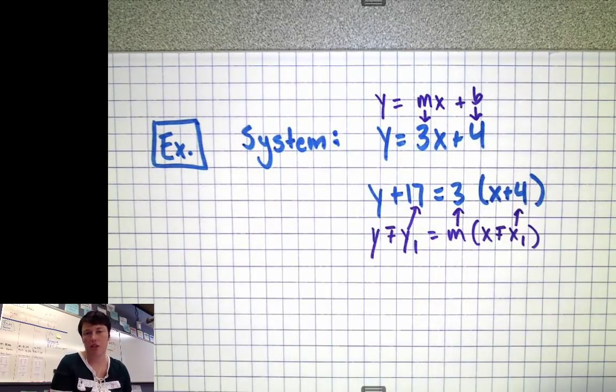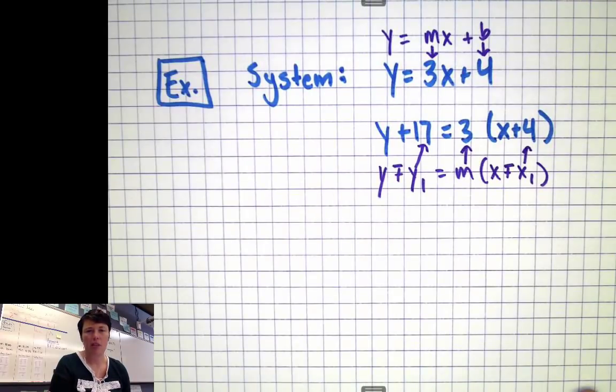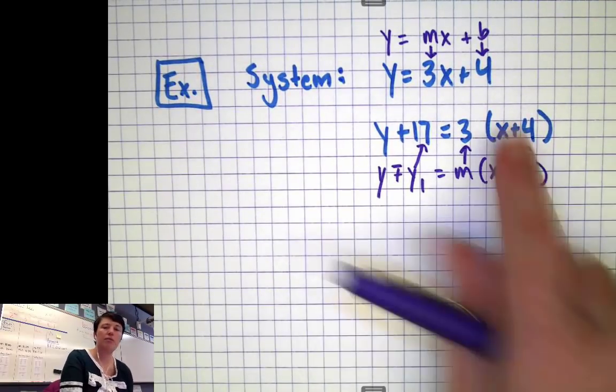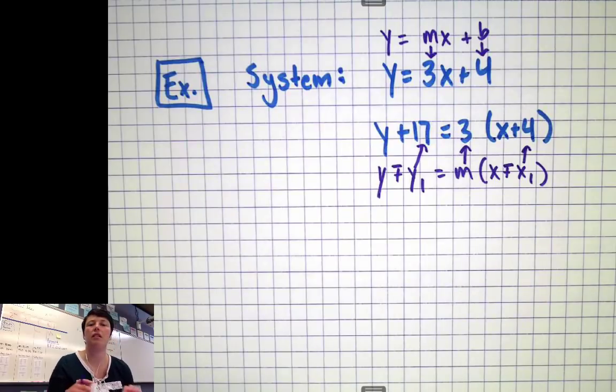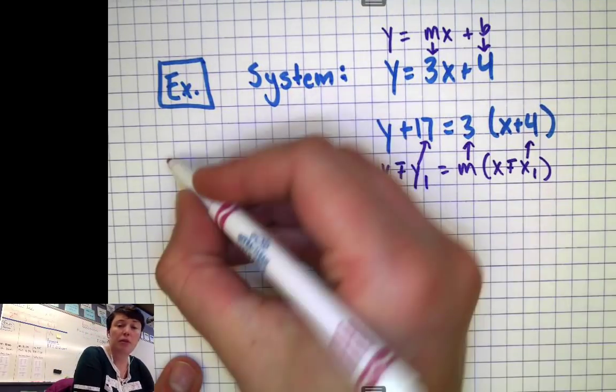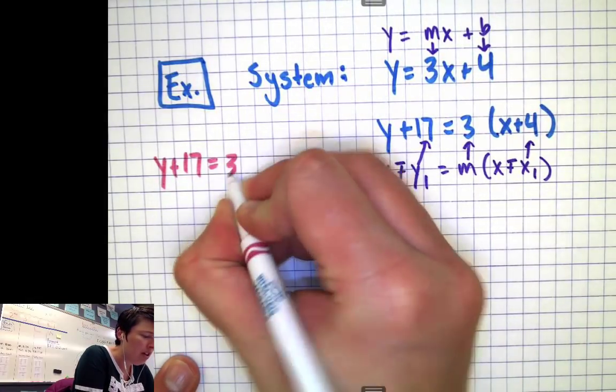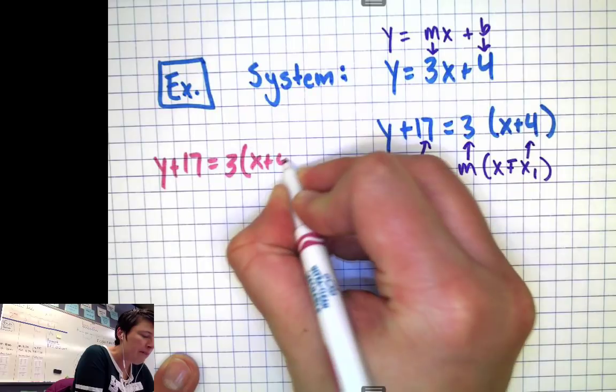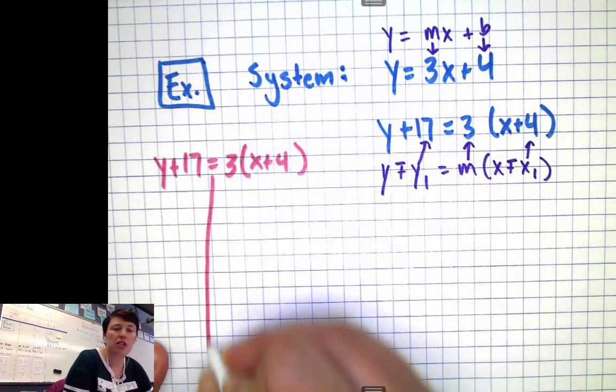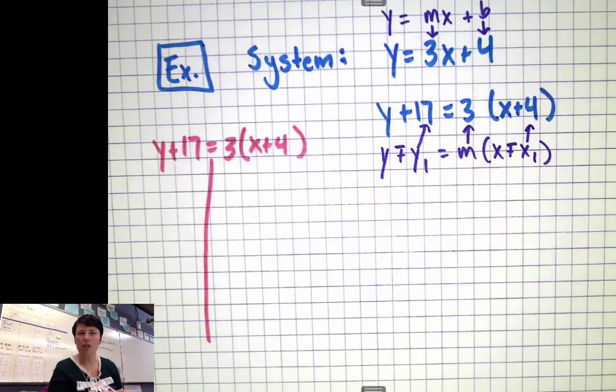So here's what I'm going to do. I am going to set up a graph, but before I do, I'm going to rearrange this point slope one and make it a little more feasible to work with. So let's go off to the side over here where we have some room. Let's take y plus 17 equals 3 parentheses x plus 4. Let's put a line down it and change it into y equals mx plus b. Let's make it usable.